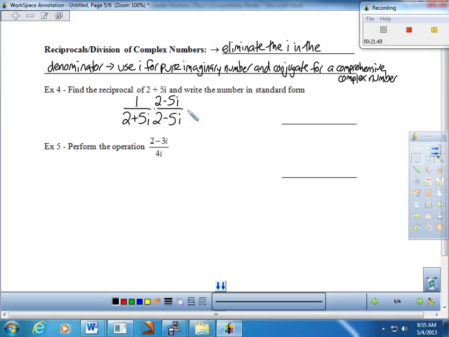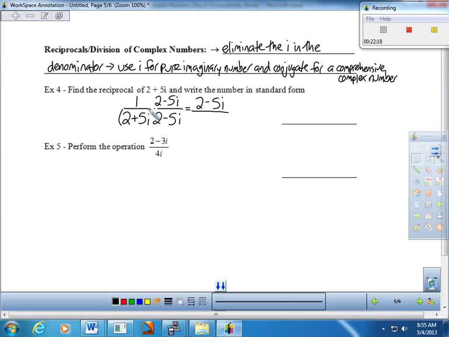So obviously I'll go through the process right here, but maybe you're working a step ahead of me. I'm going to do the top first. So nice and easy here. 1 times 2 minus 5i is just 2 minus 5i. That shouldn't scare us too much. Now the whole reason for doing this, of course, is for what happens in the denominator.